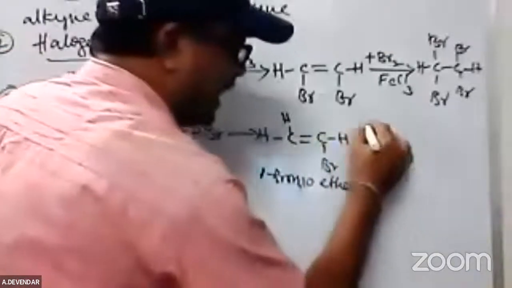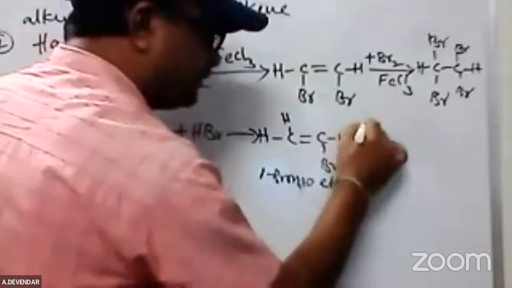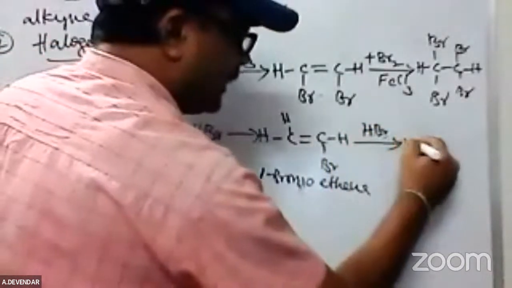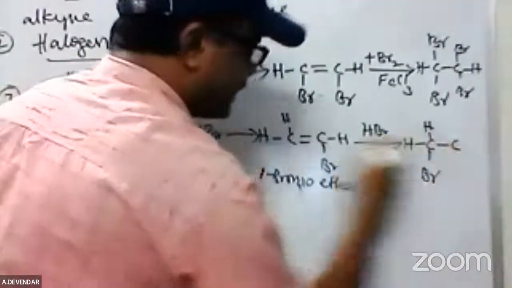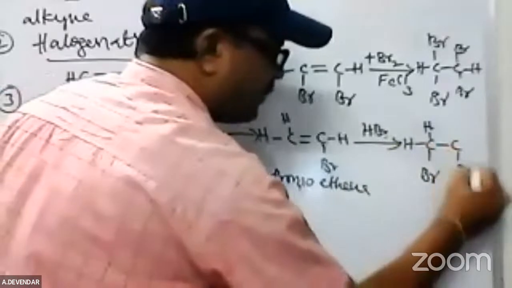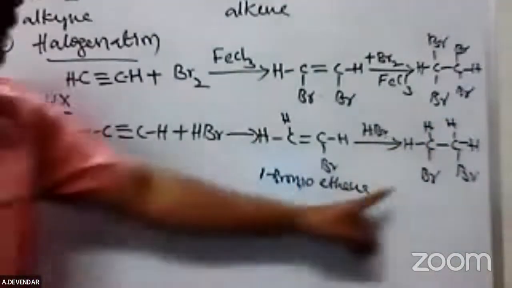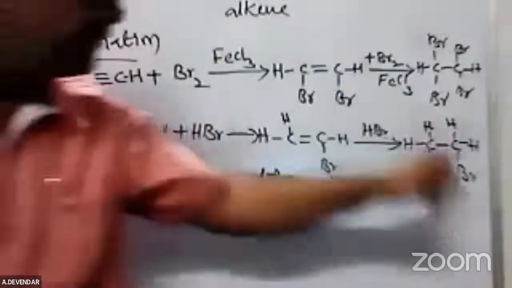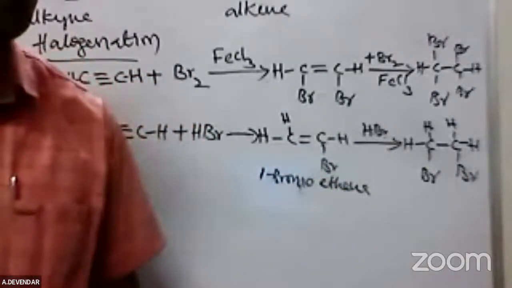Second step, again addition: if we add hydrogen bromide, HBr, then in the second place there is a bromine group and the bond is broken. Already a bromine group is there, and we get hydrogen. See, this is 1,2-dibromoethane.